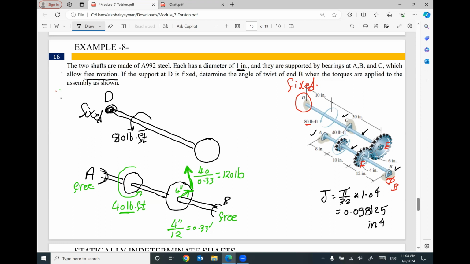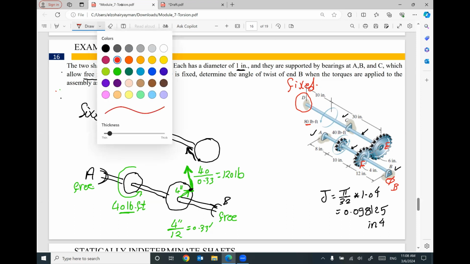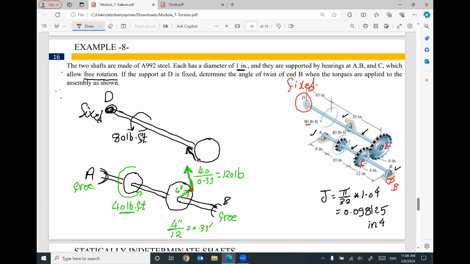We have a contact between this gear and this gear. So this applied force will apply the same force on the other gear at the connection point. Any force applied by this gear will be transmitted to the connected gear with the same value, 120 pounds.